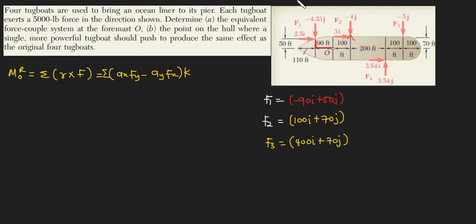For the last force, we are going to move a distance of 300 feet in the x-axis direction, and then a distance of 70 feet, which is minus 70 feet, in the y-axis direction. So for F4, we are going to have 300 in the x-axis direction and minus 70 in the y-axis direction.